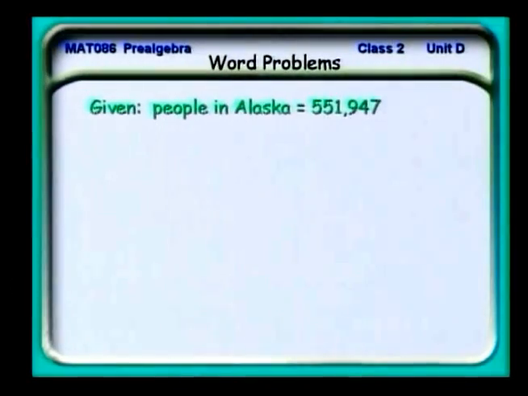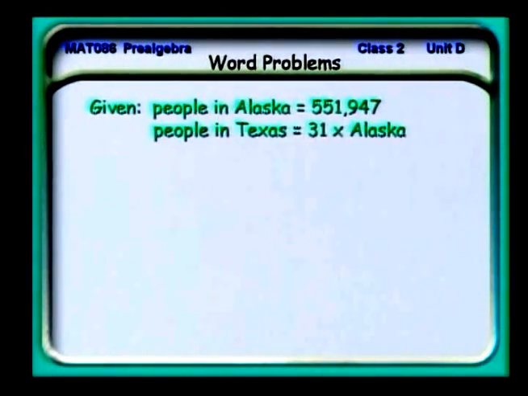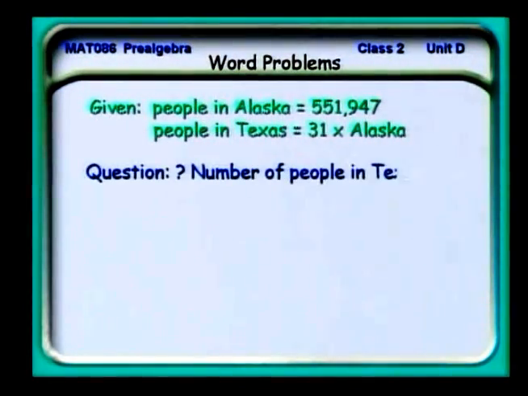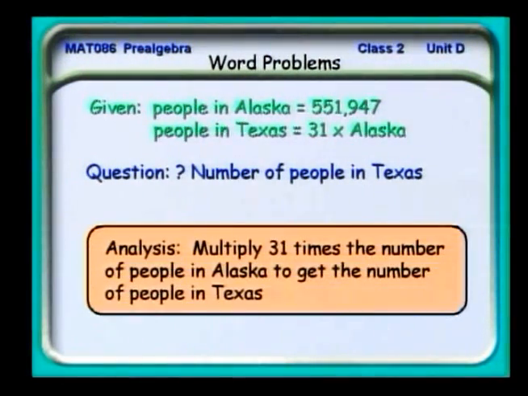Let's summarize the information. There are the number of people living in Alaska, 551,947. We know that the number of people in Texas is 31 times that living in Alaska, and we want to know how many people are in Texas. Let's summarize that and look for an analysis of what we need to do.